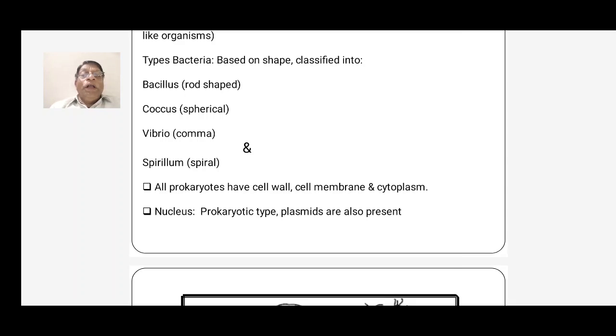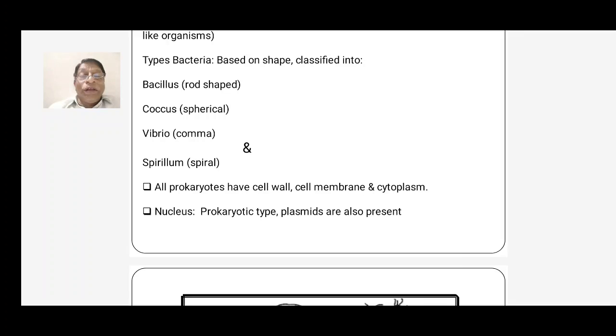Now, if we examine carefully the prokaryotic cell, in addition to this circular DNA, we call genomic DNA, in the cytoplasm, smaller DNAs are present.